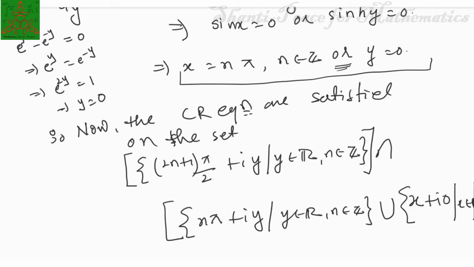Now what is the intersection of these two sets? The intersection of these two sets is only the points where (2n plus 1) pi by 2 is there.